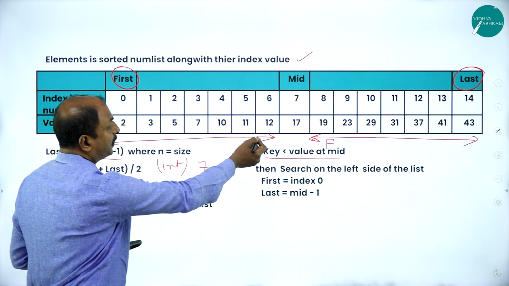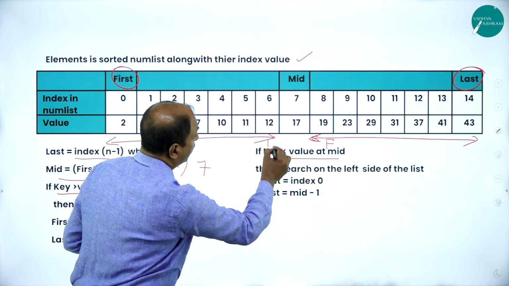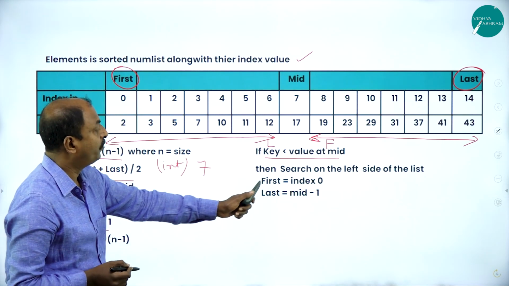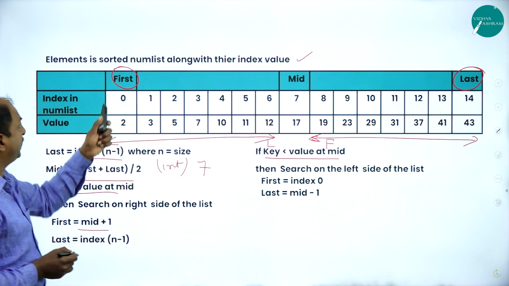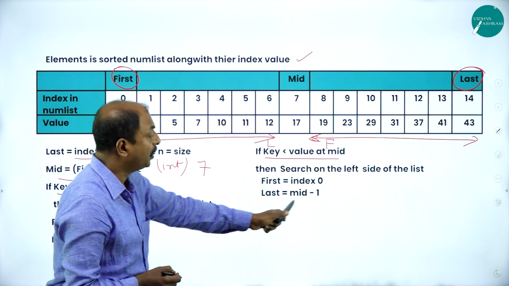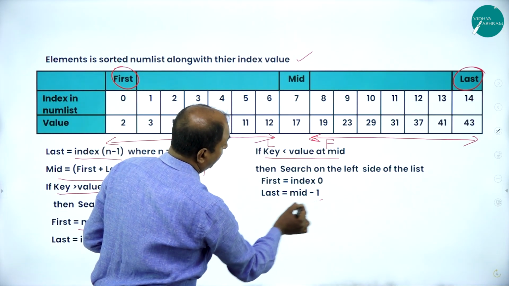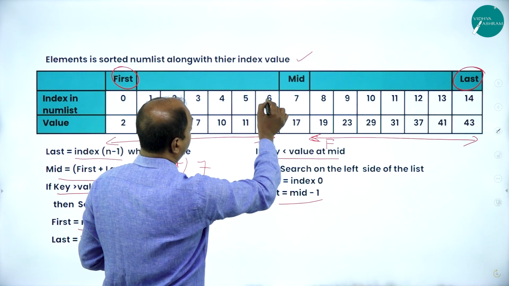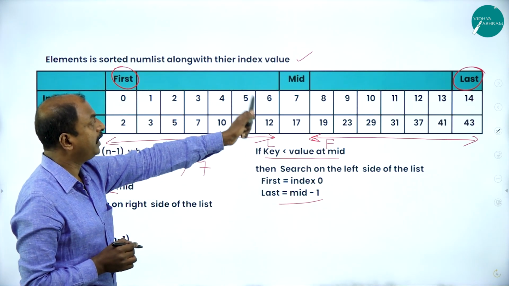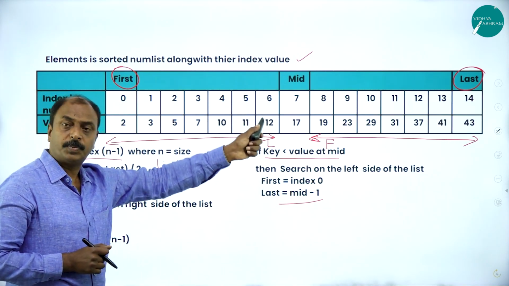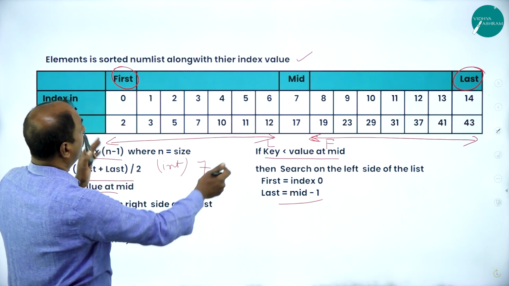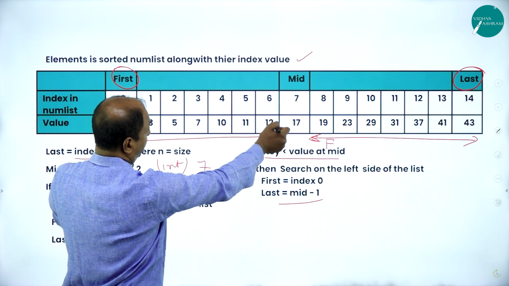Last will be middle point minus 1, that is 6 in this example. So the search process should start from index 0 till index 6.